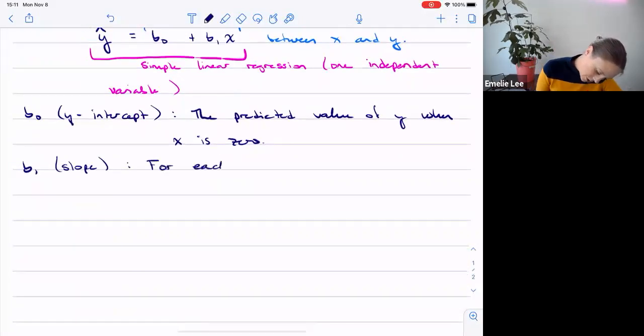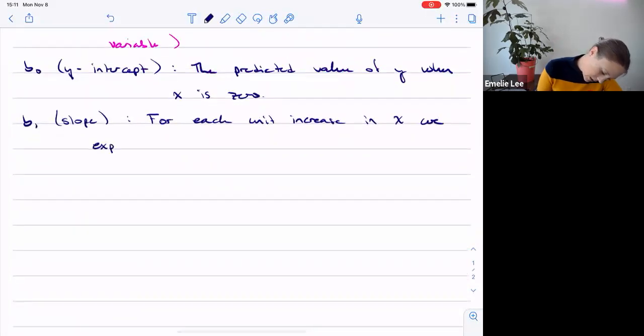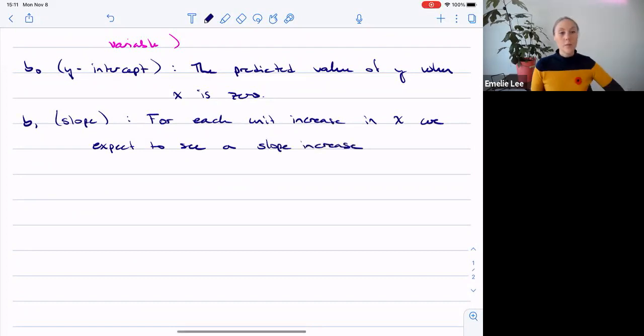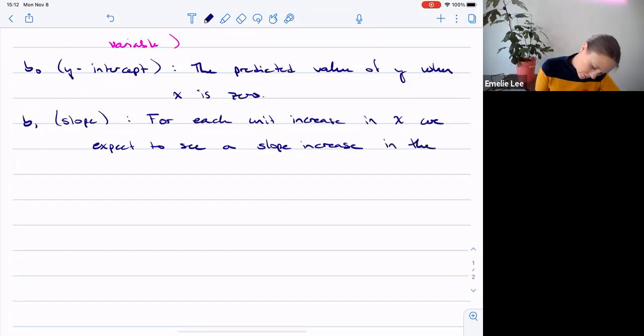We can have negative slopes, of course, but it's just easier if we talk about slope increase, and then if the slope is negative, that's fine.